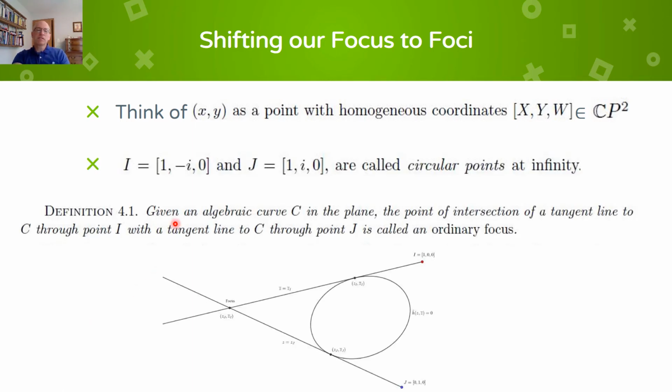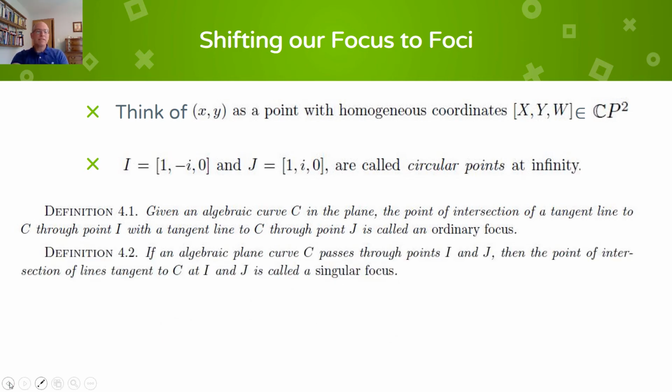When you do this, these points, 1 negative i 0 and 1 i 0, are called the circular points at infinity. And my definition of an ordinary focus is: take a tangent to the algebraic curve from I and from J, from these two circular points, and see where they intersect. That intersection point is called a focus.